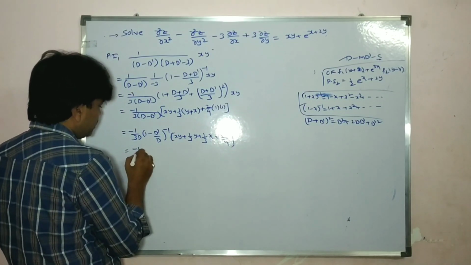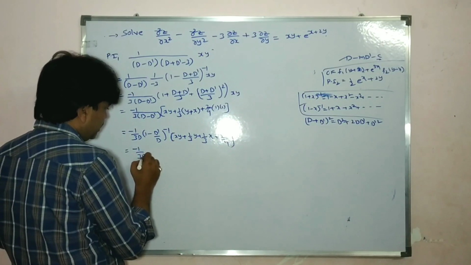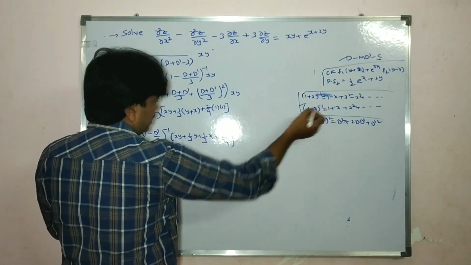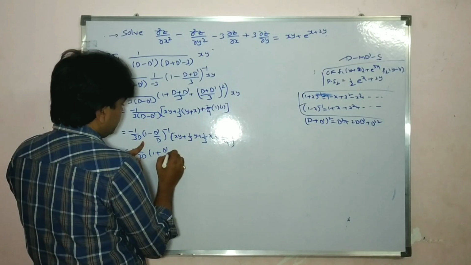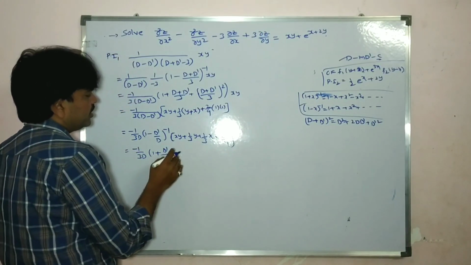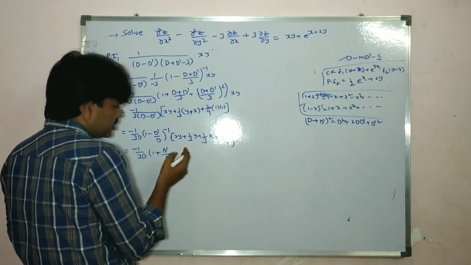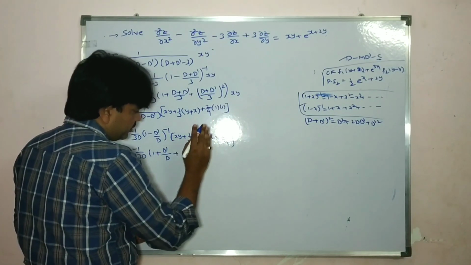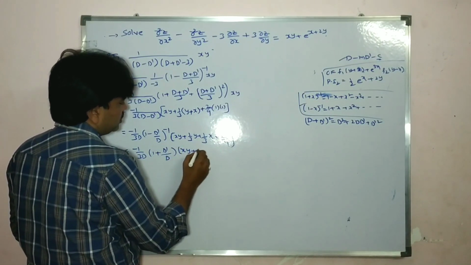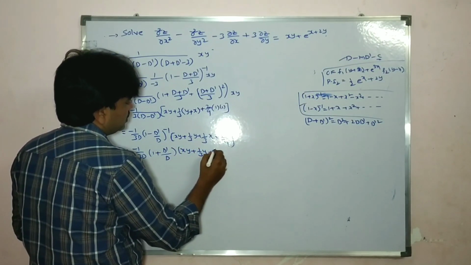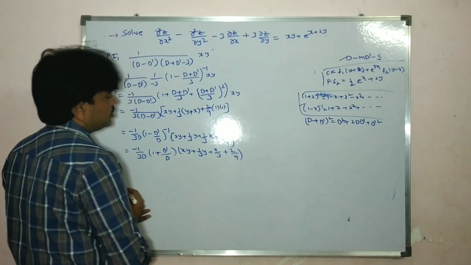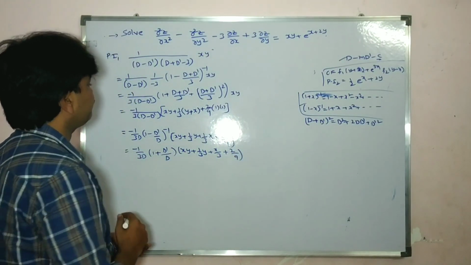That is equal to minus 1 by 3 D, expansion, students, 1 plus 1 minus x whole power minus 1, like again, so 1 plus D dash by D plus, enough students. If I write D dash square, what happens? D dash square means all terms values are 0, so there is no need. So xy plus 1 by 3y plus x by 3 plus 2 by 9 plus 2 by 9.